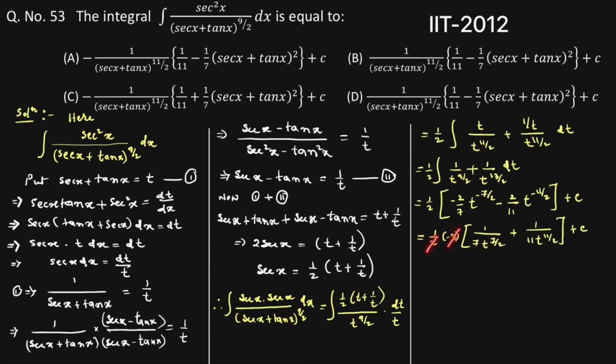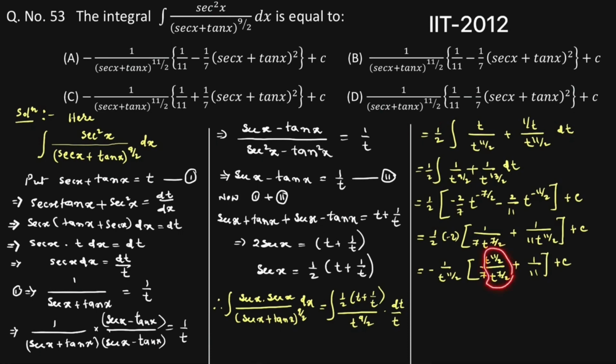Now 2 and 2 cancel and we will take t to power 11 by 2 common from both the terms, then which is equal to minus 1 by t to power 11 by 2, and this is t to power 11 by 2 divided by 7 t to power 7 by 2 plus 1 by 11 plus c.